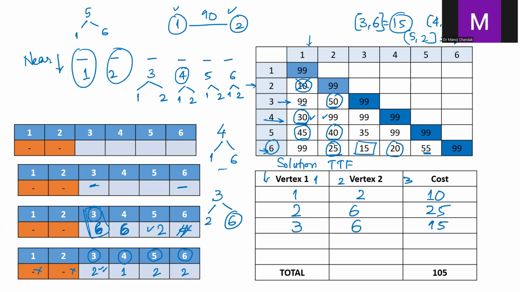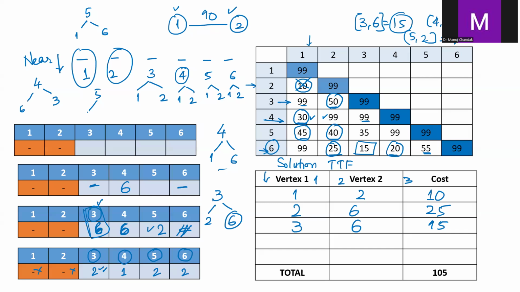So the new vertex that came is 6. Now check whether vertex 4 is better for 6 or better for 3. So we will have 20 here. And if you take 3, that is 99. So we will continue with 6. Then check 5.